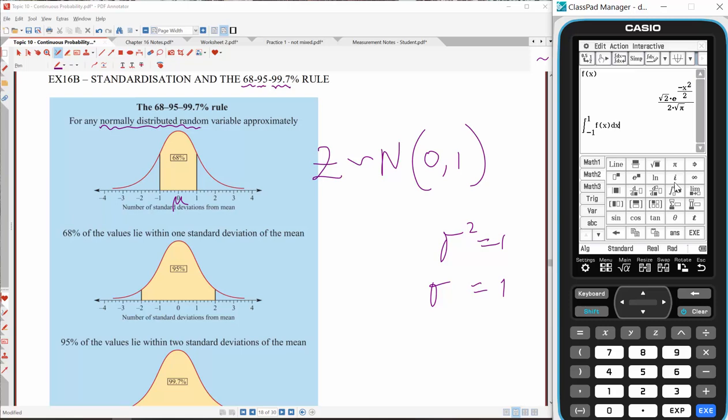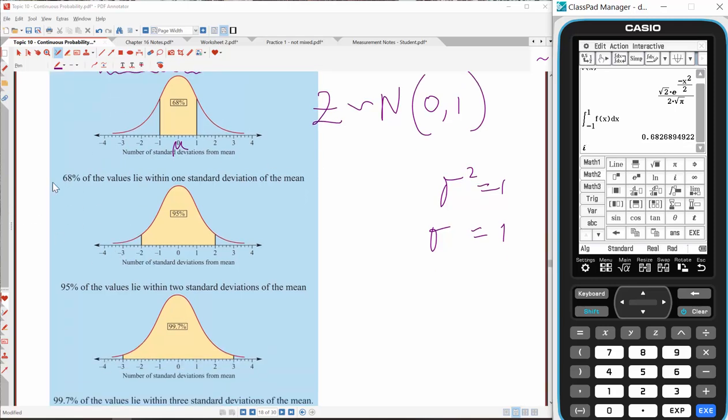And what this calculator should tell me now is that the answer is roughly 0.682. So I can find that out by using the 68 rule, 0.68, or I can integrate to get this value.